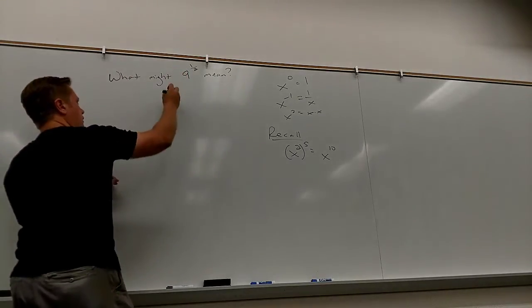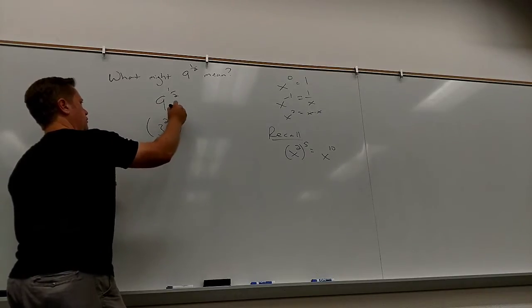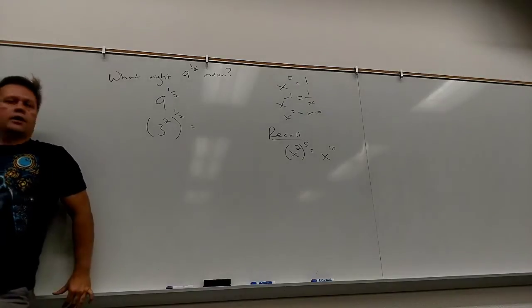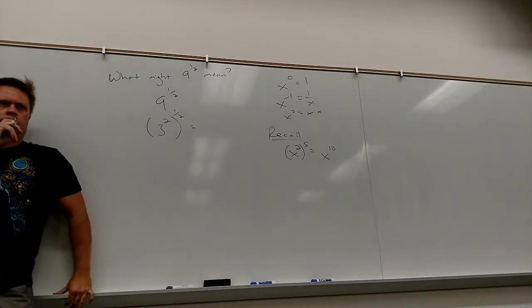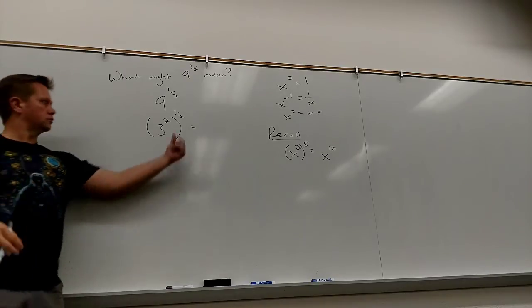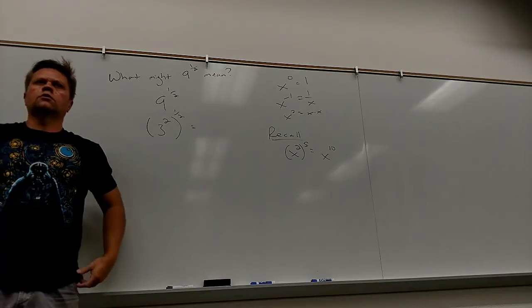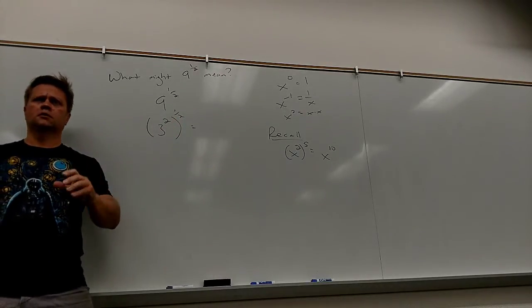So if I rewrote this 9 to the 1/2, if I rewrote this as 3 squared to the 1/2, and then apply that well-known property of powers, what happens? What do you get when you multiply powers? What is 1/2 of 2? 1.